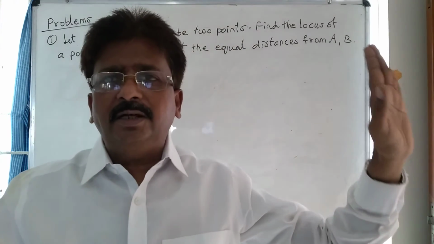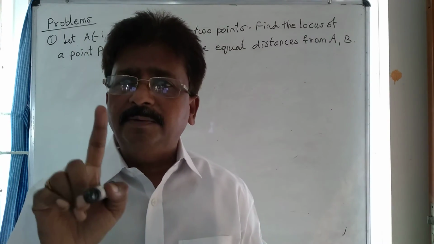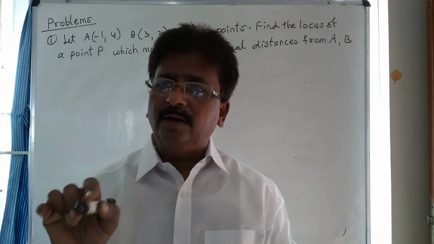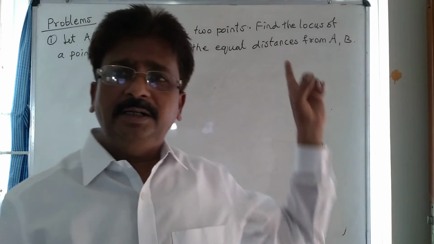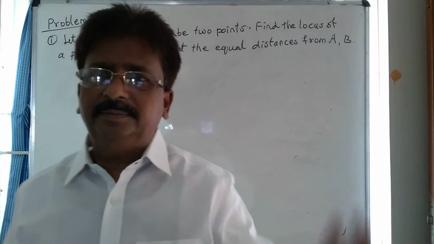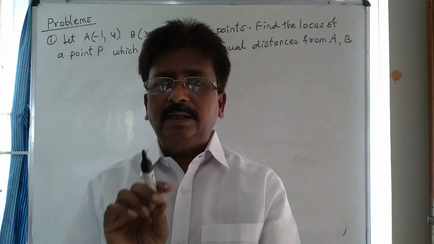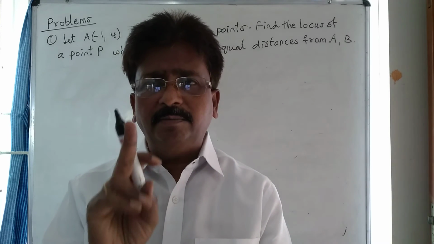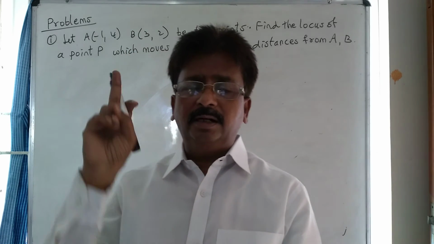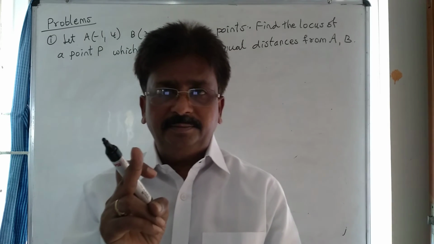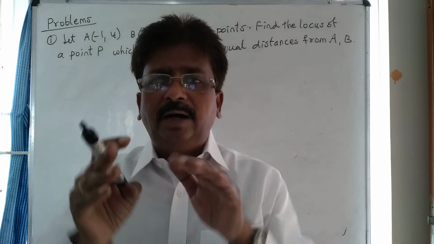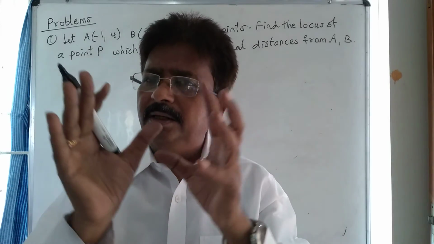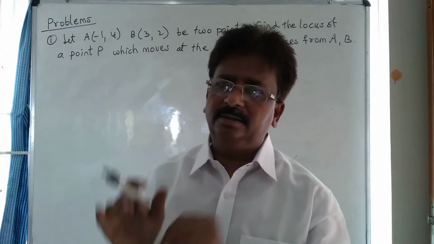Okay, here the question is asked that locus of a moving point. The moving of P is under what condition? So some condition is there. Okay. So definitely to find the locus of any point or any points, the condition must be given. Now what condition is given? You have to see. That condition we have to frame mathematically, the given condition.